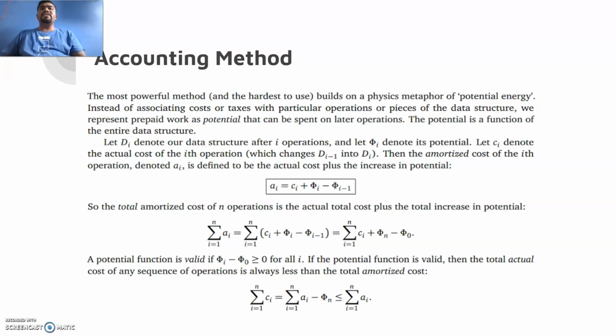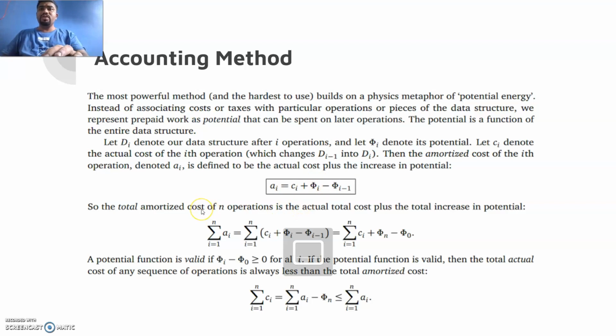So we have an amortized cost a_i for a particular operation, which is equivalent to the actual cost c_i plus the potential difference from the last stage to the new, current stage. So we add up the potential difference.